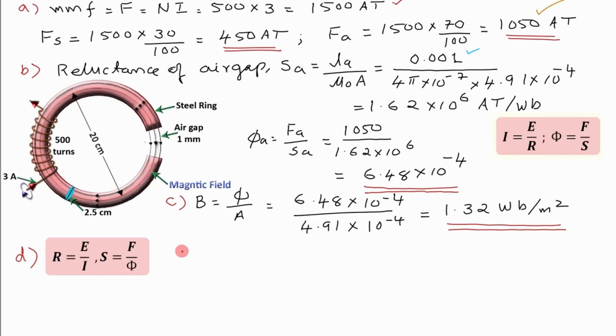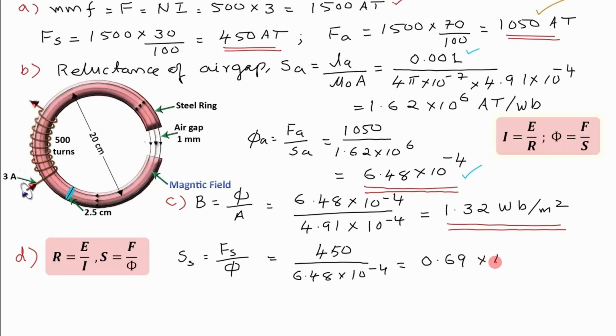Therefore, reluctance of steel ring SS is equal to Fs divided by phi, that is equal to Fs we found as 450 ampere turns, divided by phi, which is 6.48 into 10 raised to minus 4, which gives 0.69 into 10 raised to 6 ampere turns per Weber.